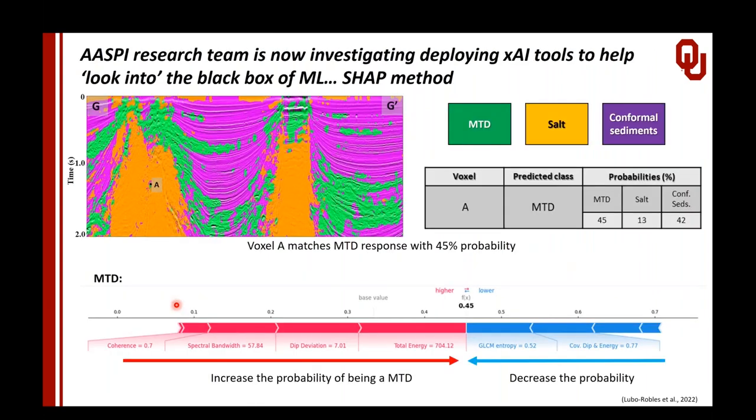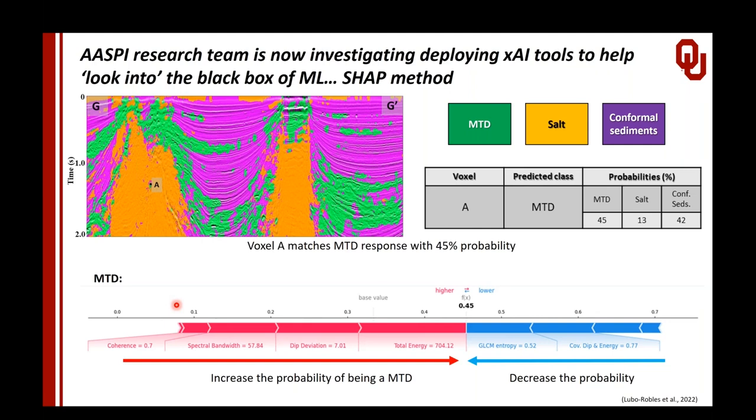And so the last thing that we've been working on, myself and my postdoc, is trying to start peering into these black boxes. So what I'm showing here is a method called SHAP. We have some code and we're working on some LIME investigations. So lots of acronyms in our realm of geophysics.